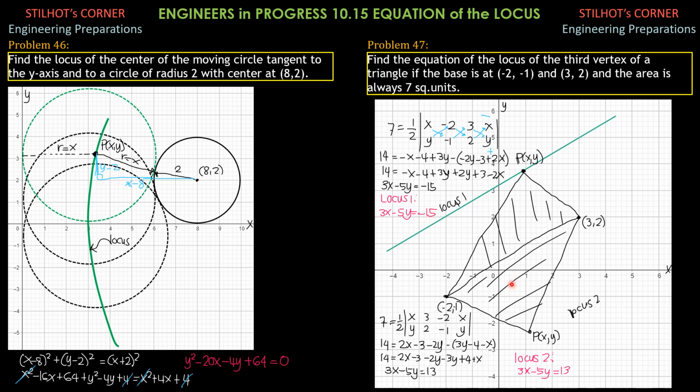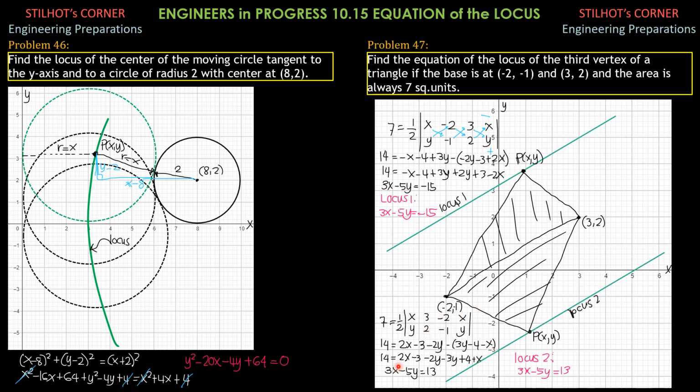For the second locus, which is this, this is (x, y). Again the area, 7, is 1/2 of beginning with this point in counterclockwise direction. So (x, y), then (3, 2), then (-2, -1), then back to (x, y). So 7 times 2 is 14 equals 2x minus 3, then minus 2y, minus quantity 3y, minus 4, minus x.